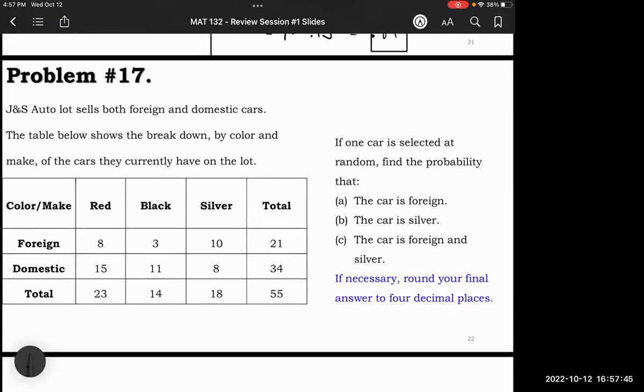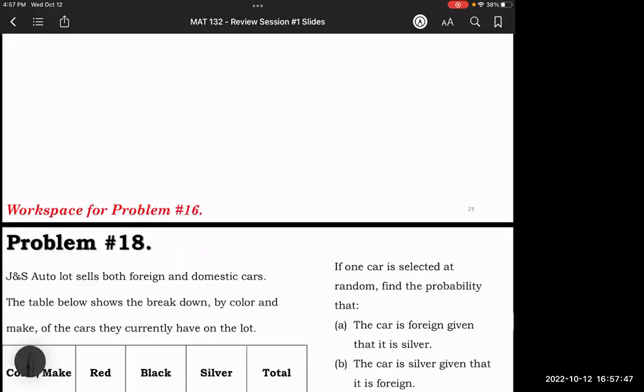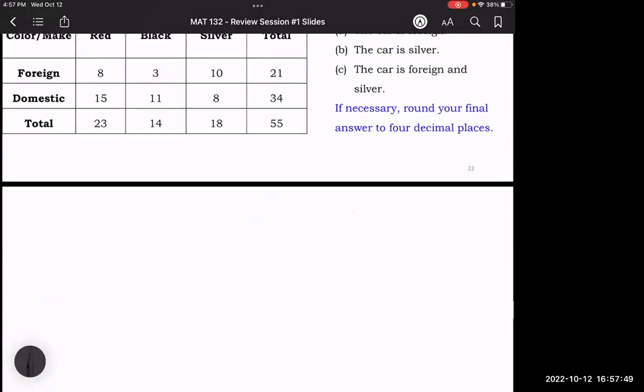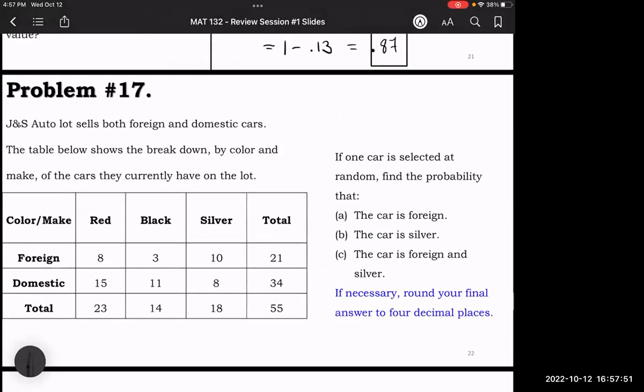Okay, so problem 17. For problems 17, 18, and 19, we're going to learn how to compute probabilities from a two-way table. Usually when you're dealing with a two-way table, there are two variables. For example, with cars, you can separate them by whether they're foreign or domestic, and then by color.